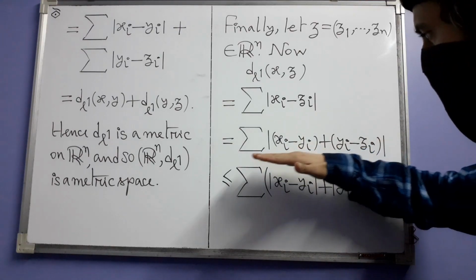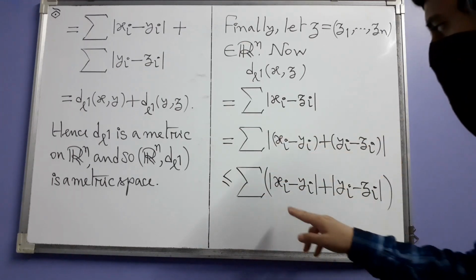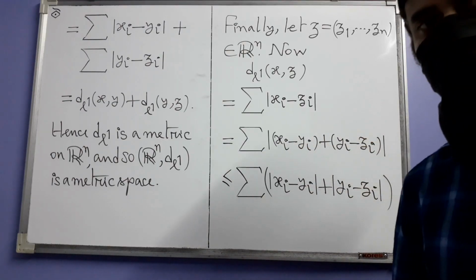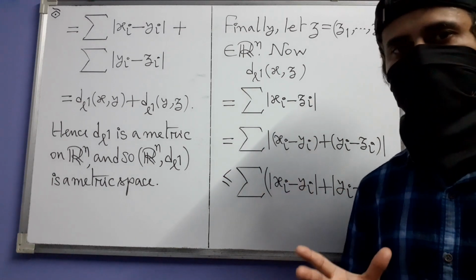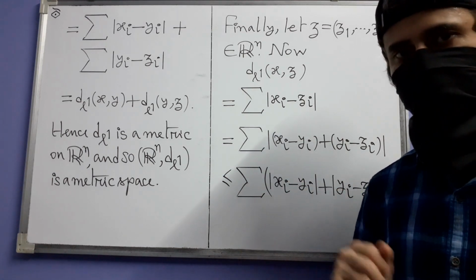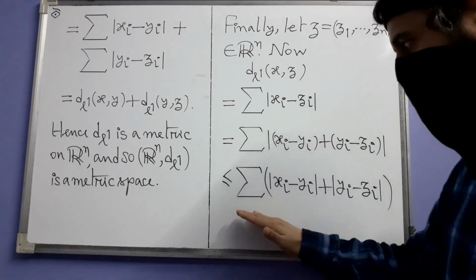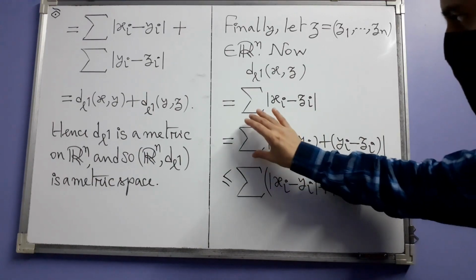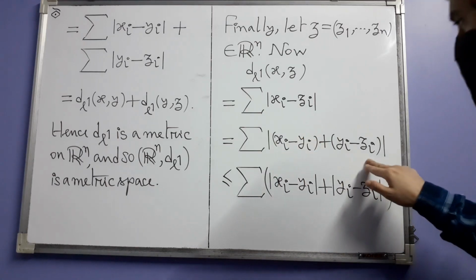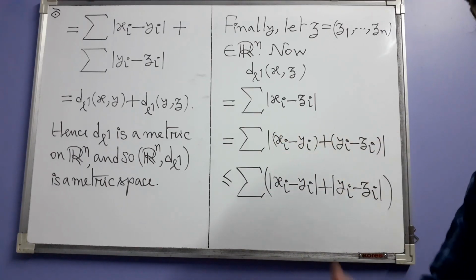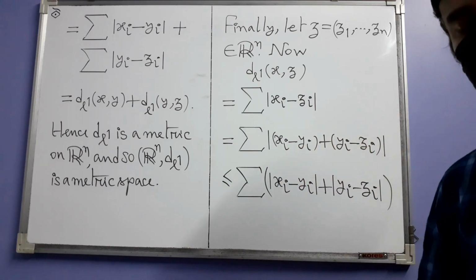Then this is less than or equal to this, where the absolute value got distributed over these two terms of the sum. And this is where we have used our ordinary triangle inequality that we have in the system of real numbers. But there is something more that needs to be said about this step. Forget about this summation for a moment. Say you only have this single expression, absolute value of xi minus yi plus yi minus zi.